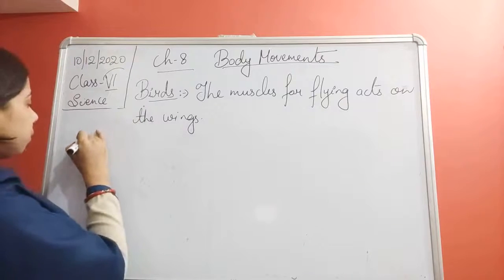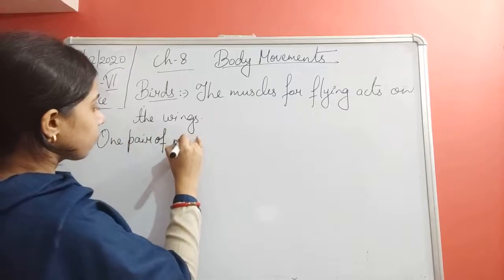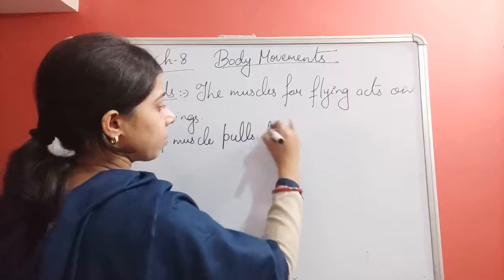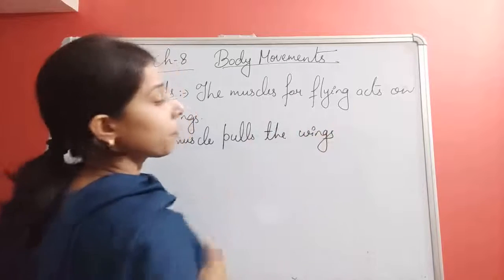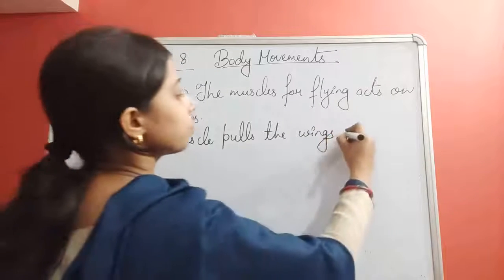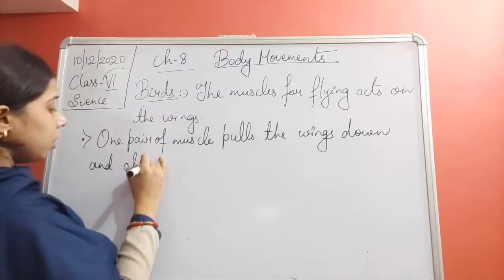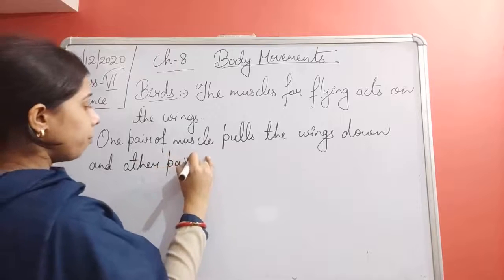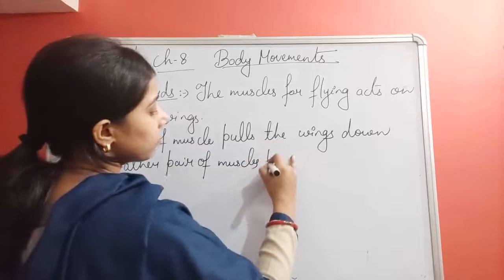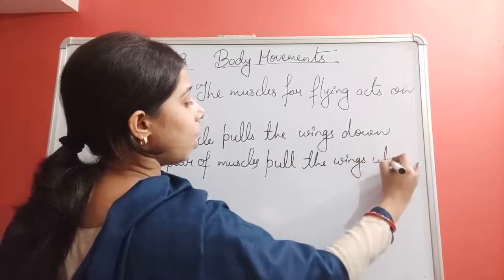One pair of muscle pulls the wings down, and the other pair of muscle pulls the wings up.